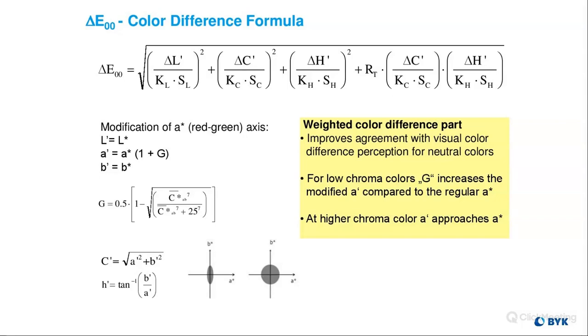The weighted color difference part improves the agreement of the visual color difference perception for neutral colors. And for low chroma colors, the G increases the modified a prime compared to the regular a star. And at high chroma colors, a prime approaches a star. It's just explaining kind of how the calculation works here.